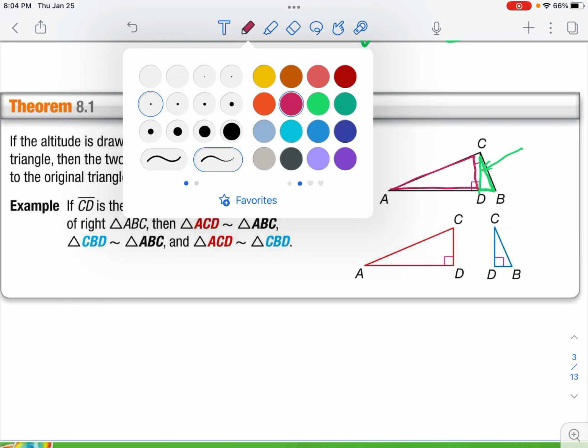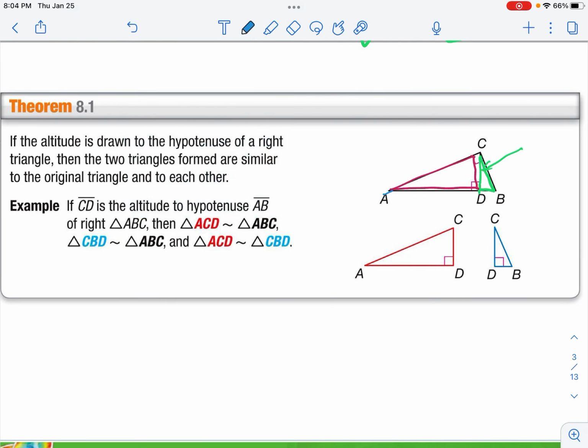And then we have one that is blue here. So it actually splits that triangle up into 3 separate pieces. So I'm going to erase that so we can see it all. Okay, so it splits it up into 3 separate pieces, making all three of these triangles similar.